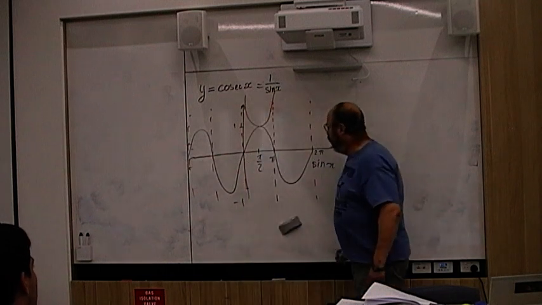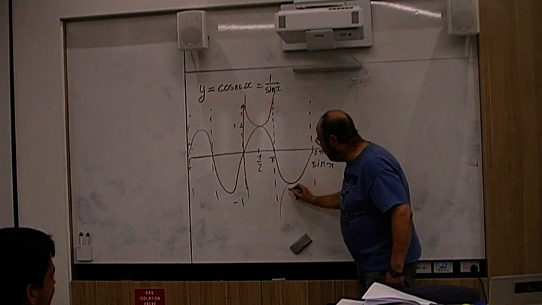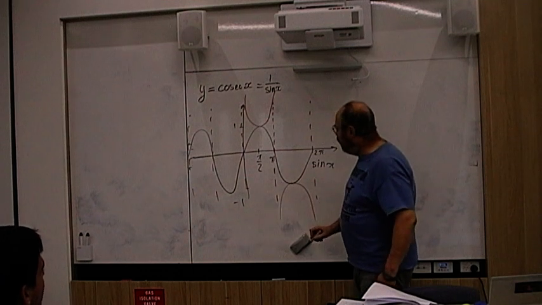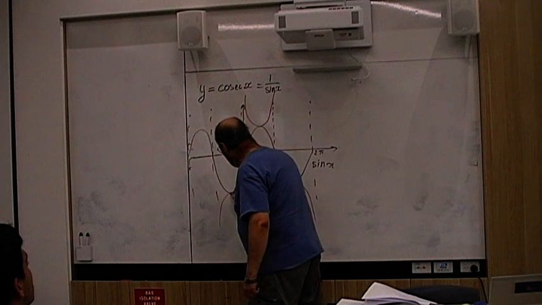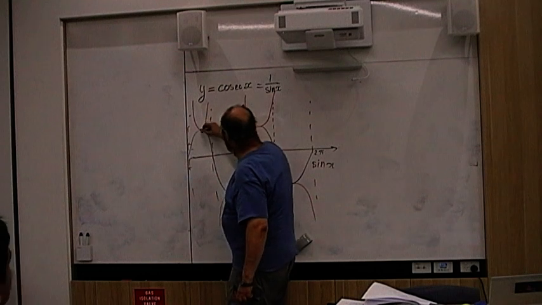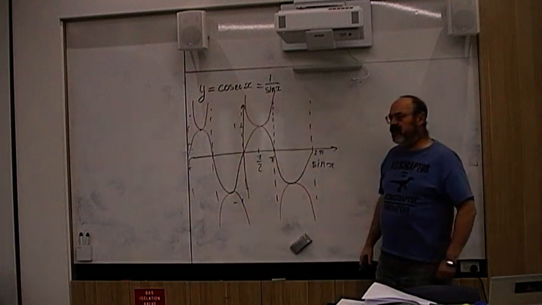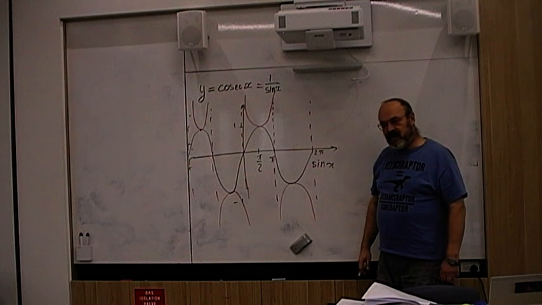Same thing here, but it's approaching negative infinity, and here again negative infinity, so the reciprocal sine graph is a periodic function as well. Make sense?